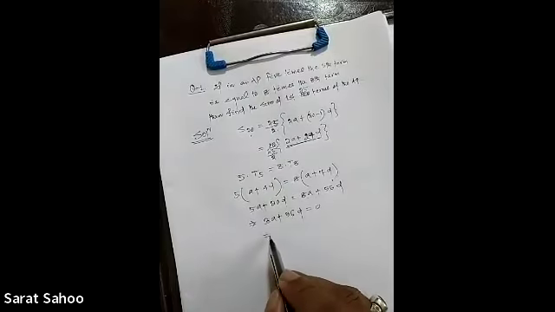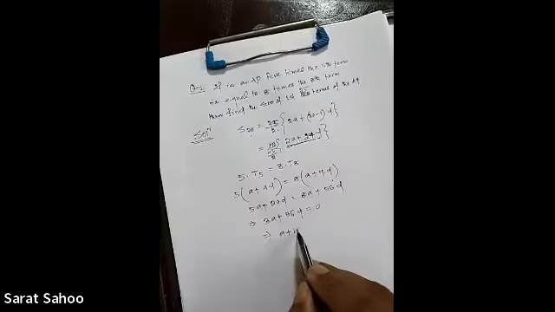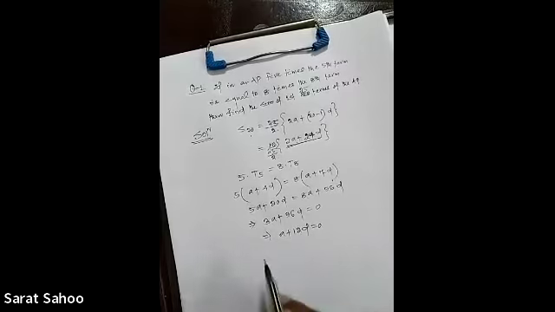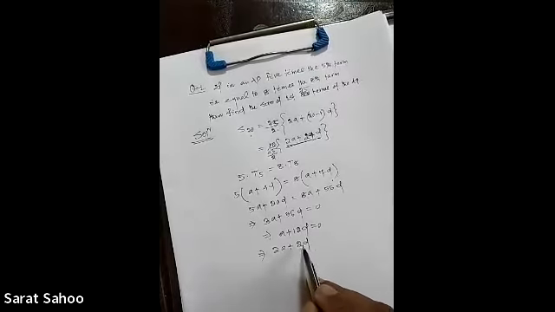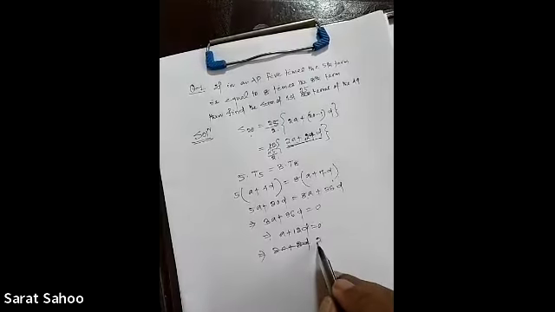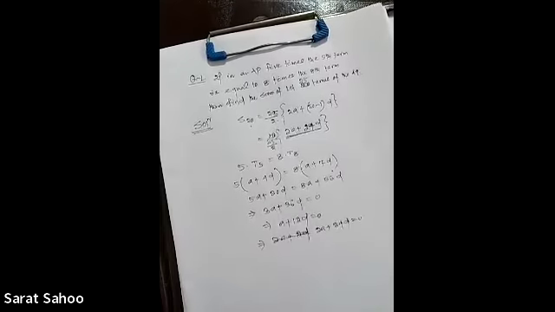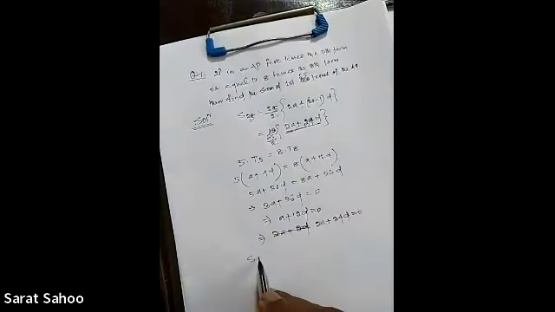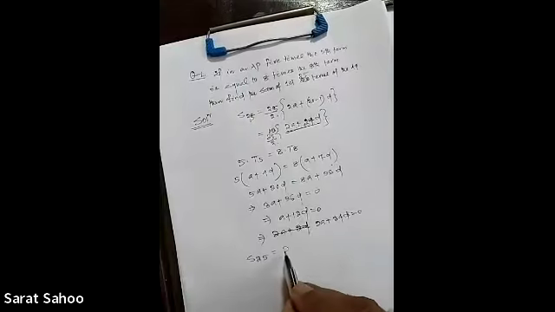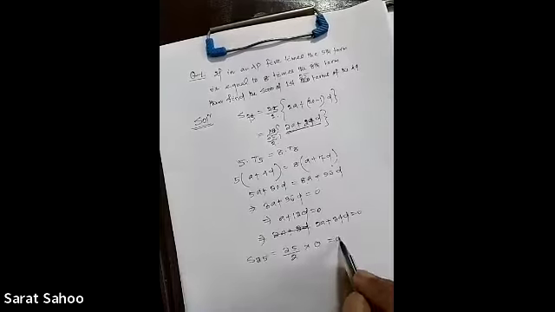Now A plus 12D is equal to 0. This implies, multiplying both sides by 2, 2A plus 24D is equal to 0. Hence S25 is equal to 25 by 2 times 2A plus 24D, which is 0, so S25 equals 0.